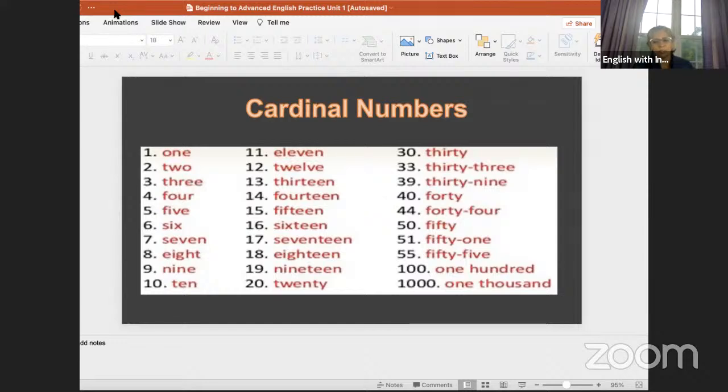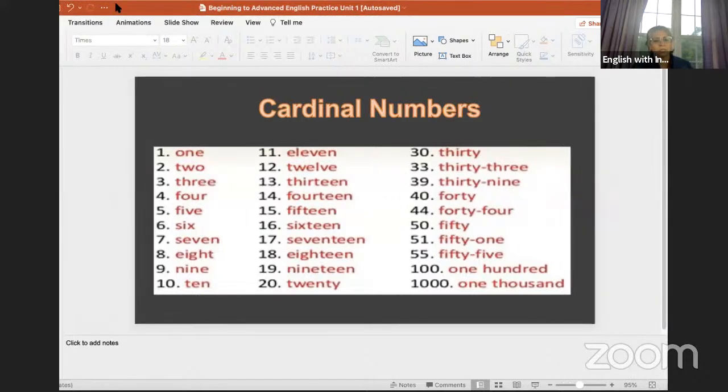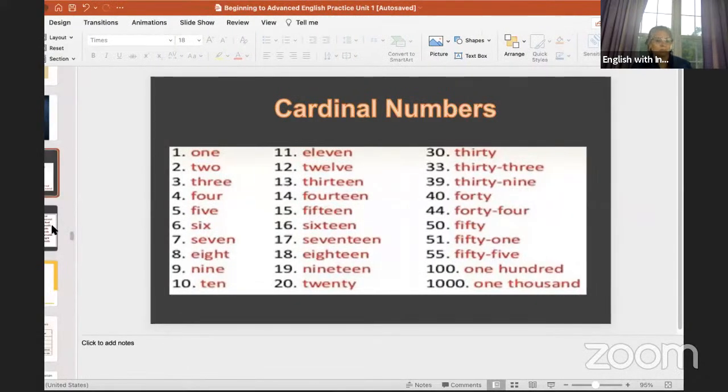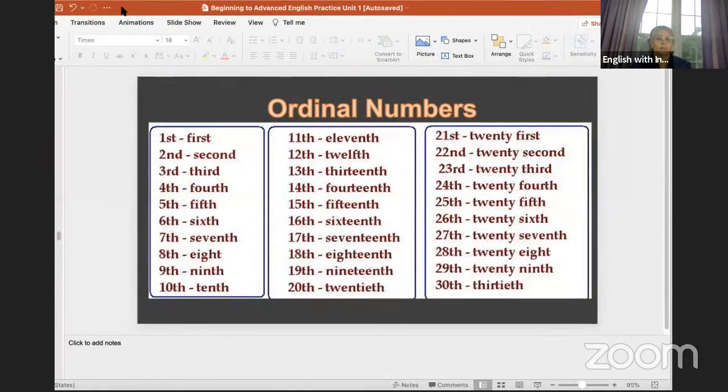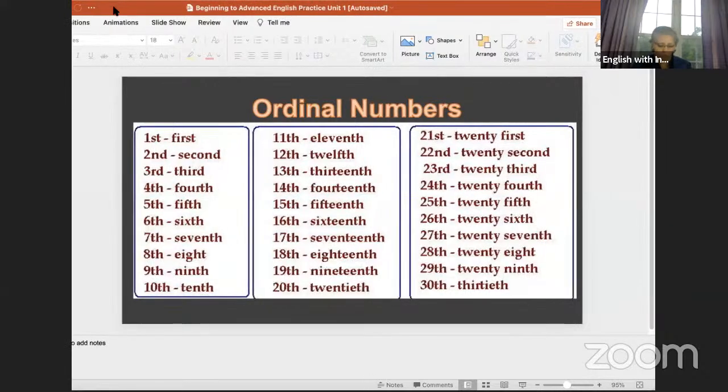The next one. These are the ordinal numbers, right?